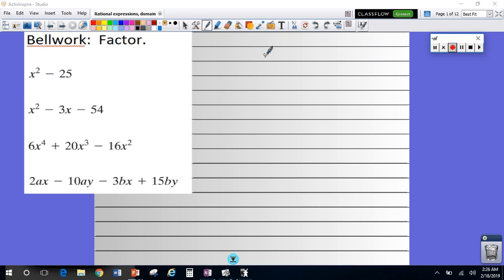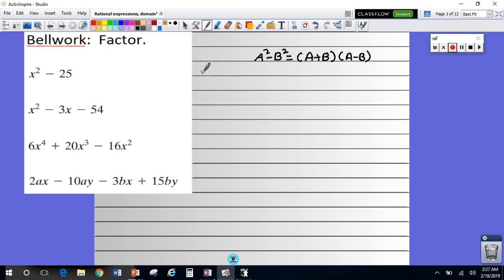So we can find the factors for the given polynomial by using the formula a square minus b square equals a plus b times a minus b, right? So if you look at the first problem over here, that is in the form of a square minus b square.